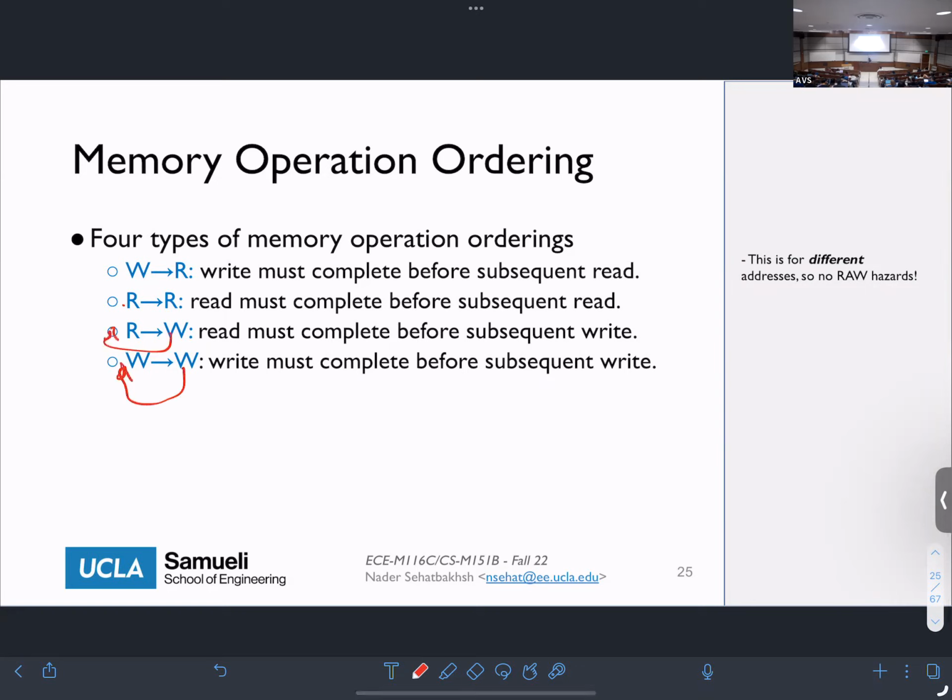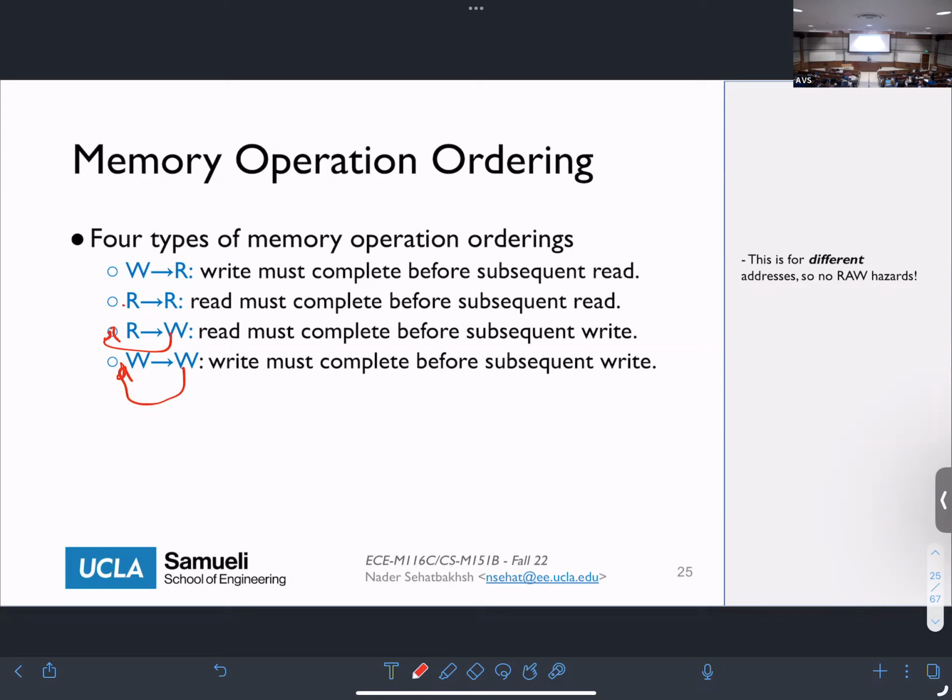And remember, these are separate addresses, so this is not a write after write data hazard. This is write to address X and write to address Y. And what we are saying is, why won't we be able to do write to Y before write to Z? Because that doesn't change anything for us, right? But for consistency problems, that might create issues for us.